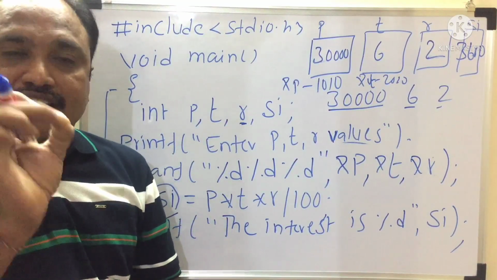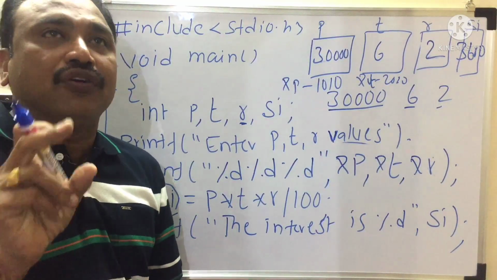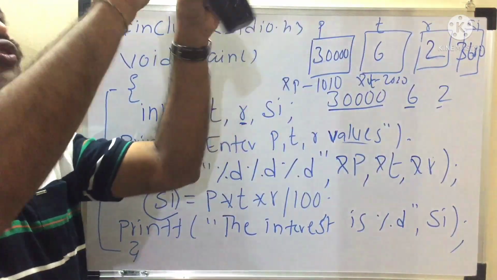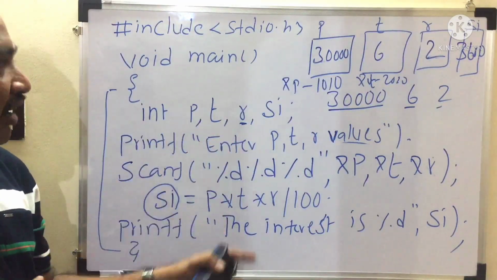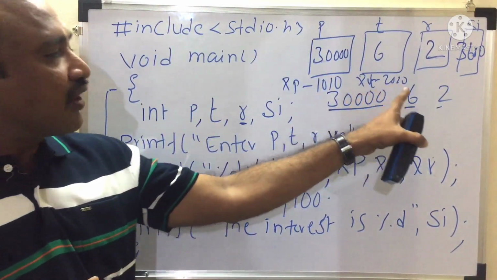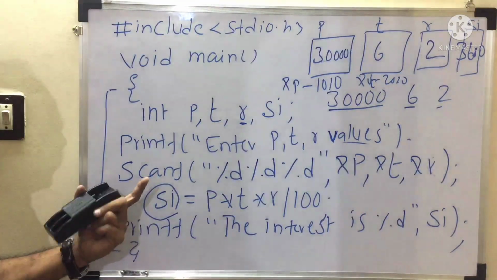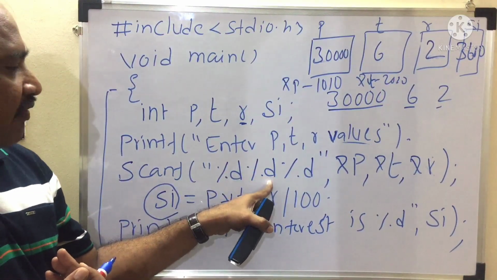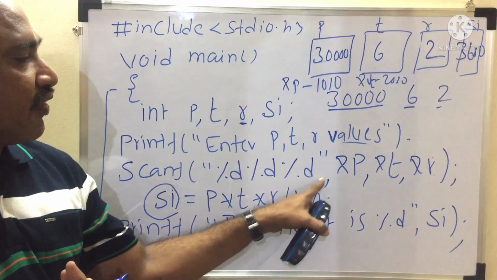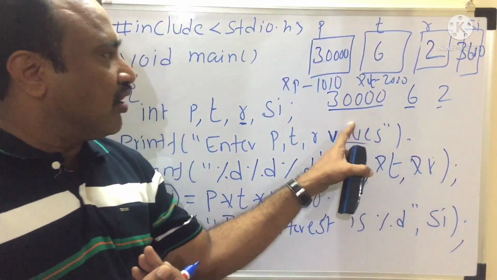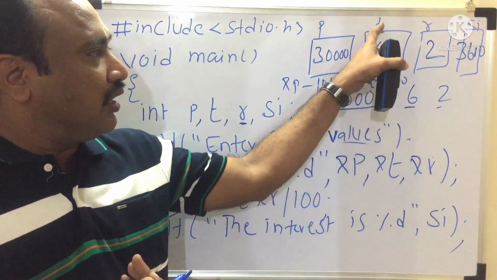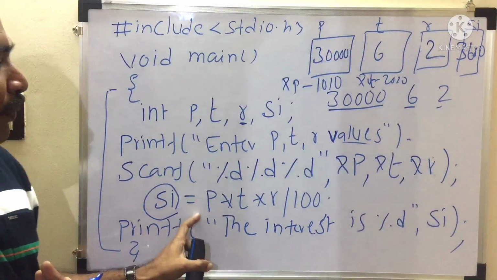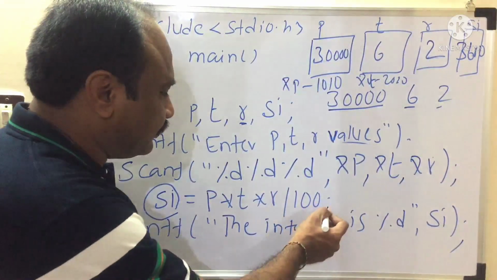That's why, as I explained on the earlier day, printf is used to print information on the computer screen. If you write enter PTR values, it will ask you to enter the PTR values. Then you will enter 30,000 6 2. Scanf %d reads the first value, the second value, and the third value and stores them under the names P, T, and R: the first value under P, the second under T, the third under R. Simple interest equals P into T into R by 100, semicolon.